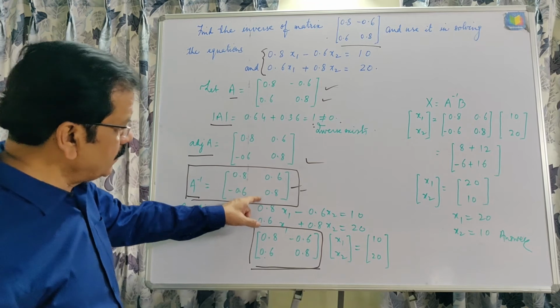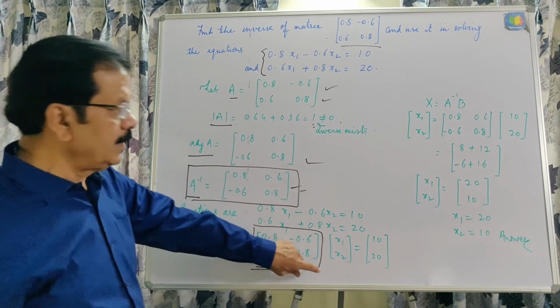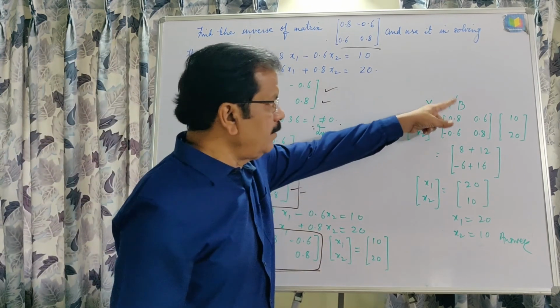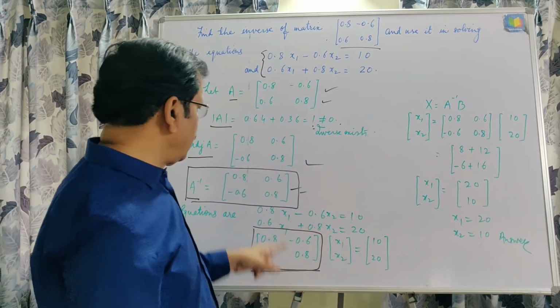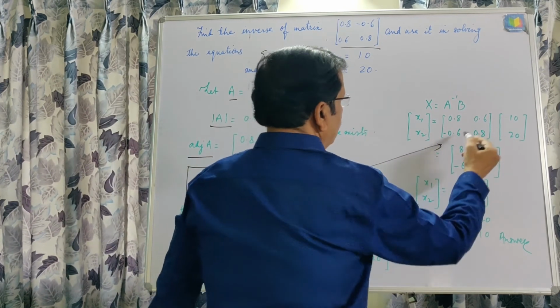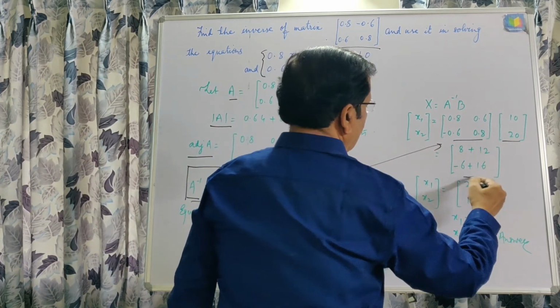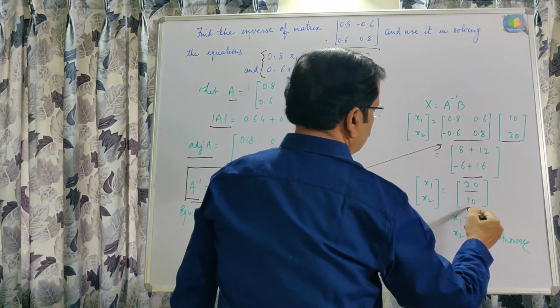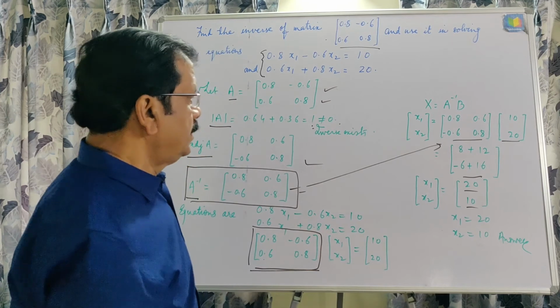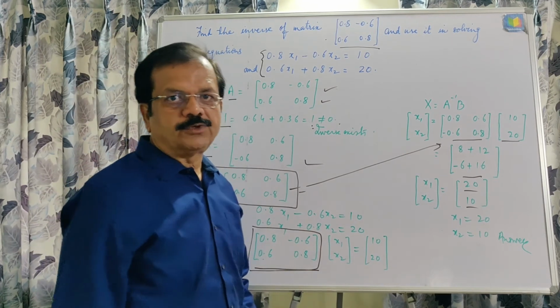This inverse will be used in solving this equation as x is equal to A inverse B, and the inverse we can write from here directly. Then A inverse B, multiplying we are getting x1 is equal to 20 and x2 is equal to 10. Okay, this is also an important question and asked so many times.